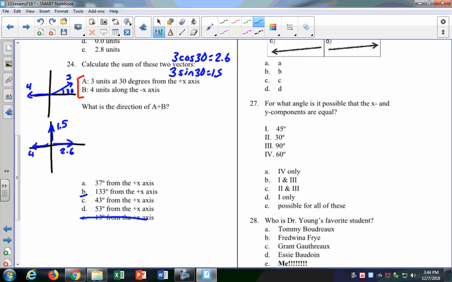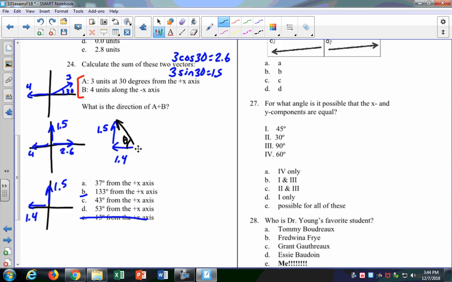Then I add up those vectors that are on the same axis. Over here, I have 4 minus 2.6, that's 1.4. Here I have 1.5. Then I find out what is the angle between those. I like to redraw them: 1.4, 1.5. This is my resultant vector. I want to know what this angle is.